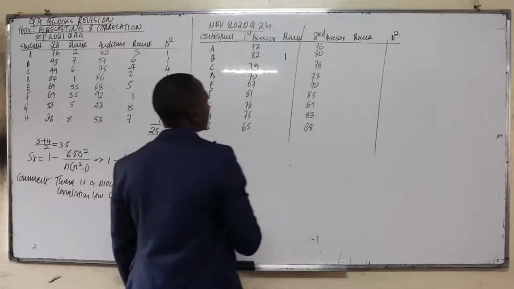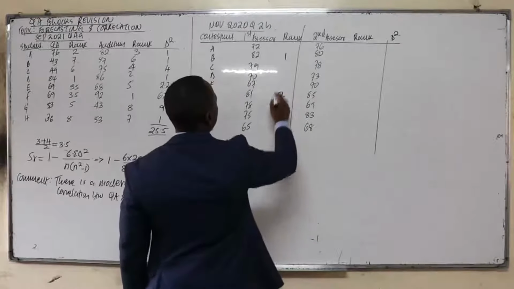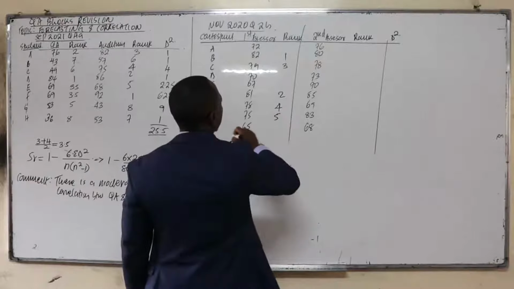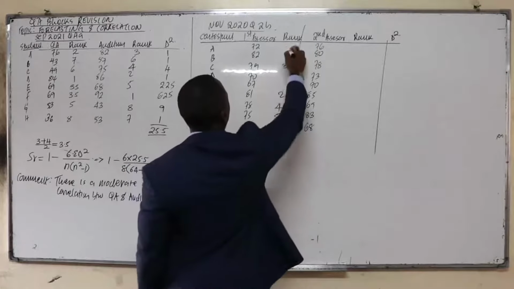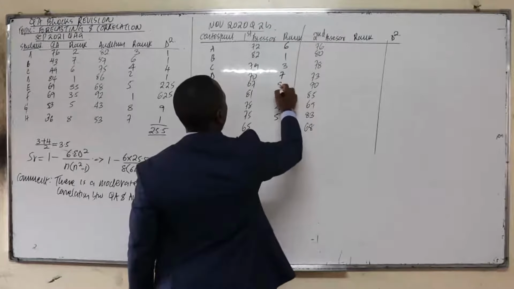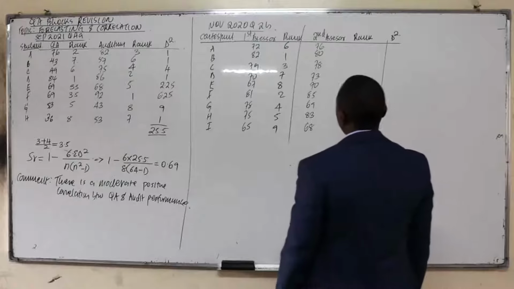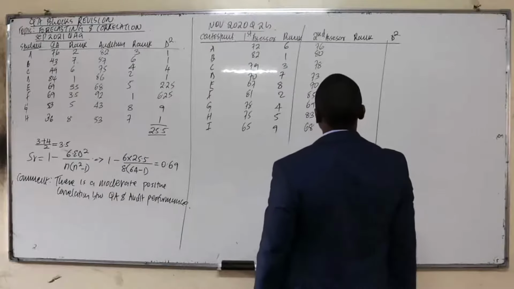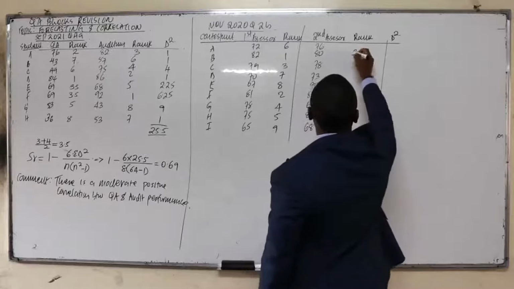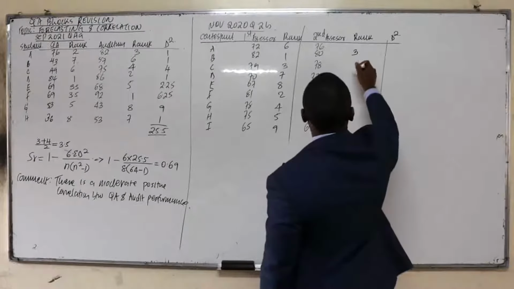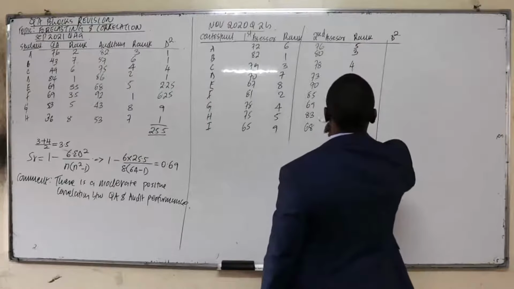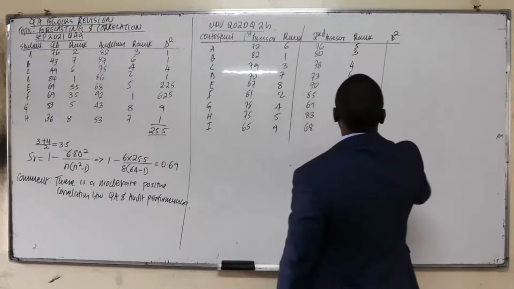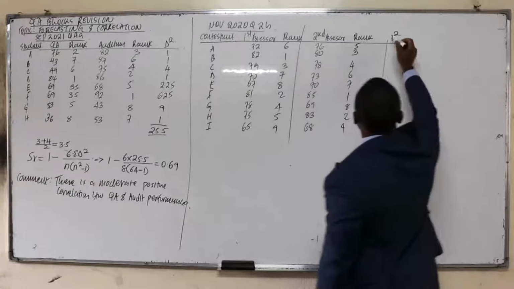Number one. Then you get d squared. Do you see the difference in ranks?